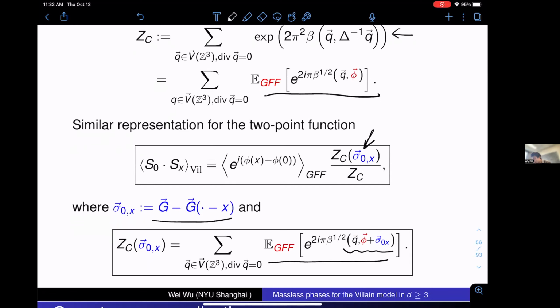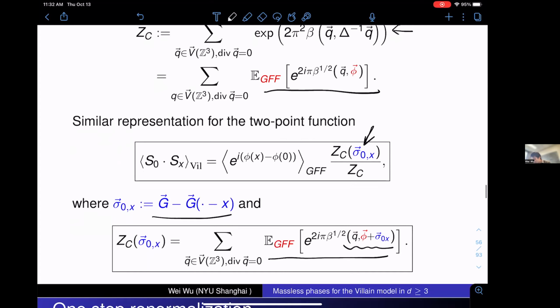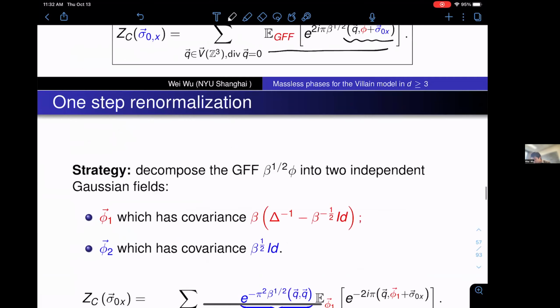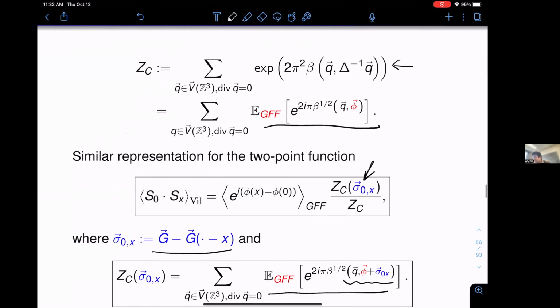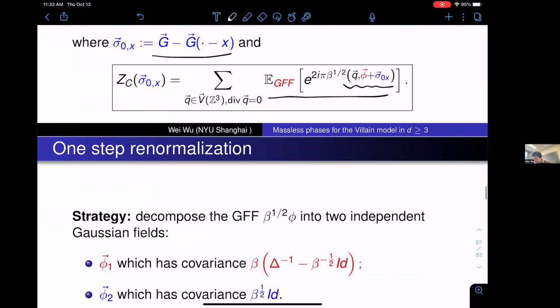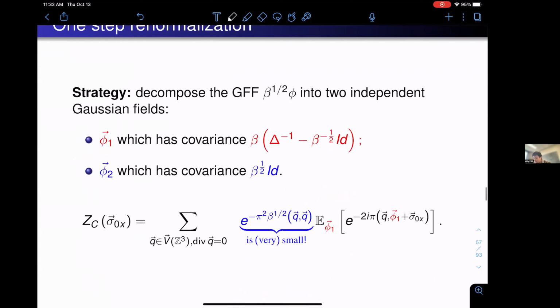And then when the temperature is low enough, you can actually do some one-step renormalization. This we actually learned from notes of Roland, that so just decompose your free field into a local field and a smooth field. So the local field maybe has a covariance, let's say, square root beta times identity.